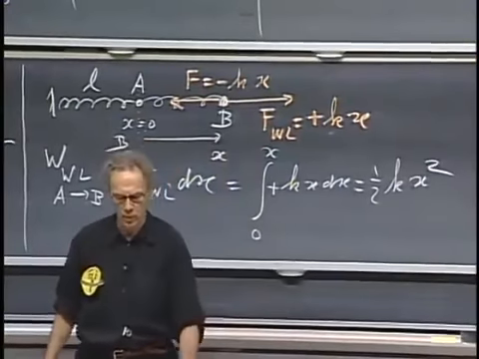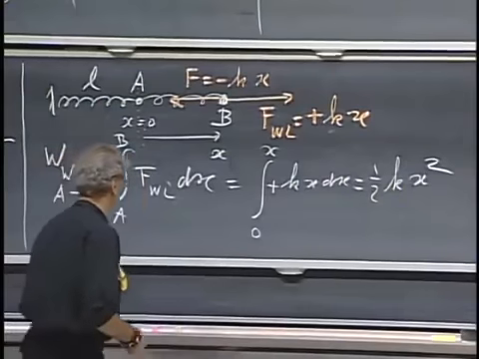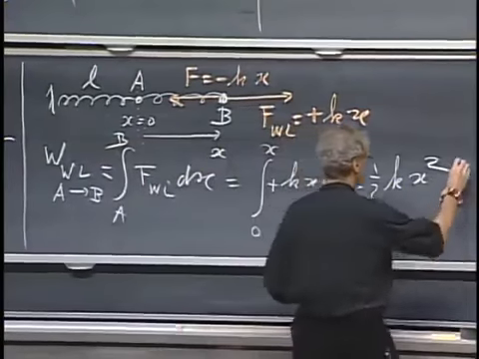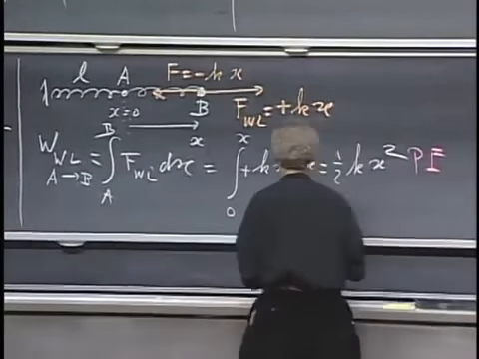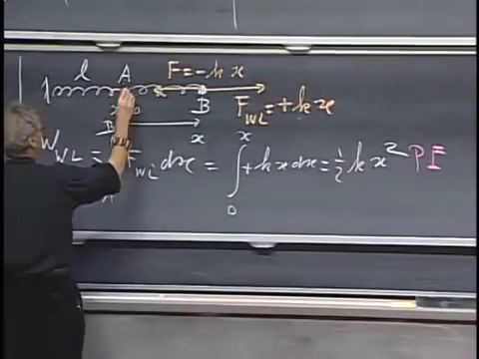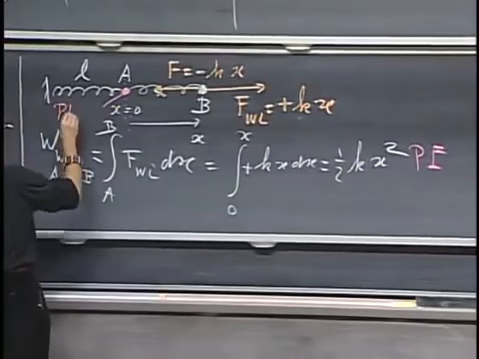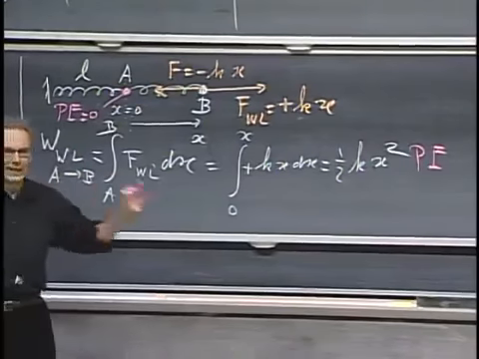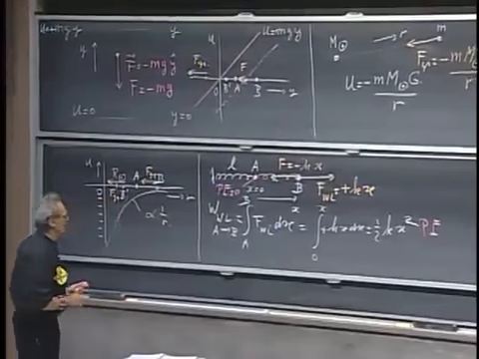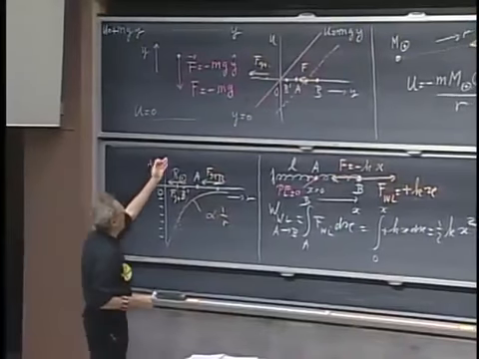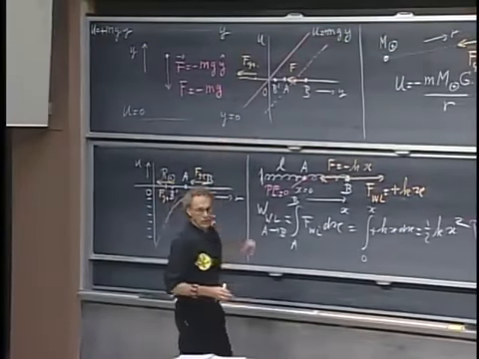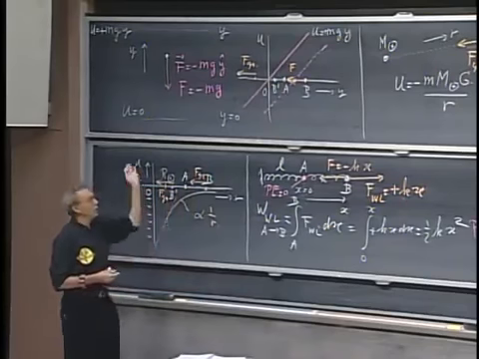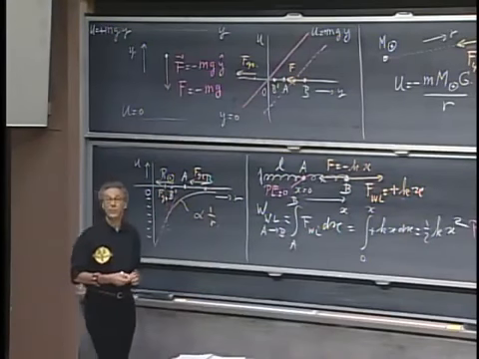And this is what we call the potential energy of the spring. It means that at x equals 0, we define potential energy to be 0. You don't have to do that, but it would be ridiculous to do it any other way. In the near-Earth situation of gravity, we had a choice where we put our 0 potential energy.